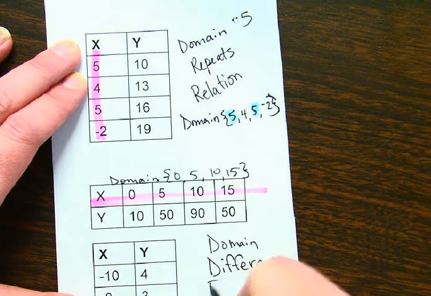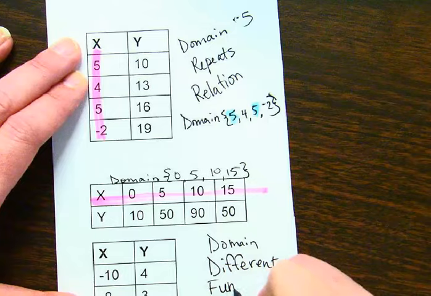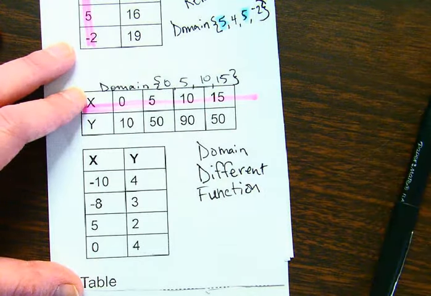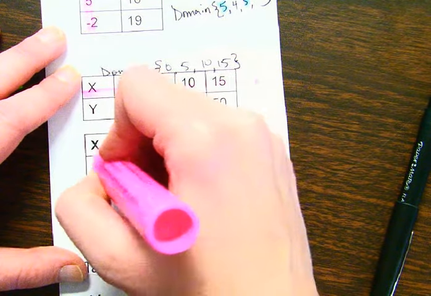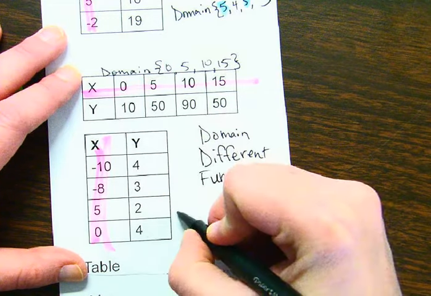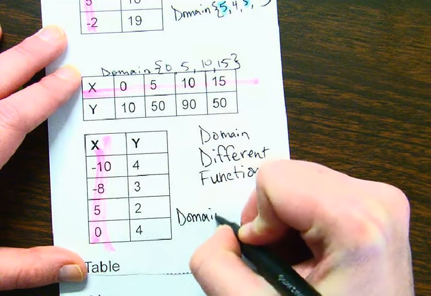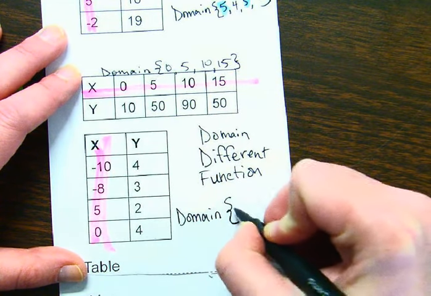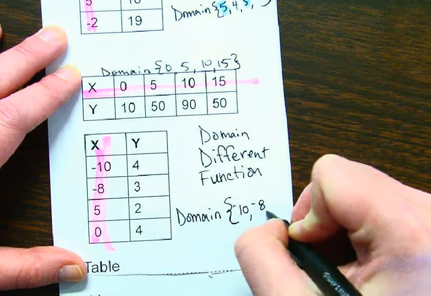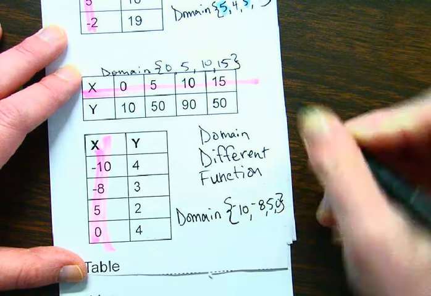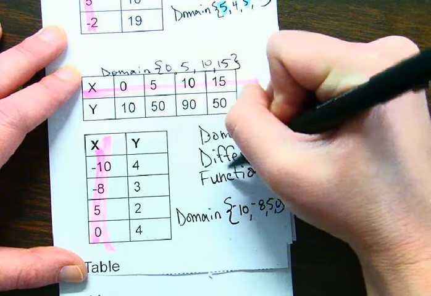It's a function. Looking at this last example for tables, my domain would be -10, -8, 5, and 0. My domains are different. It's a function.